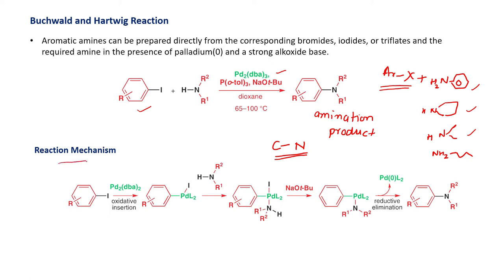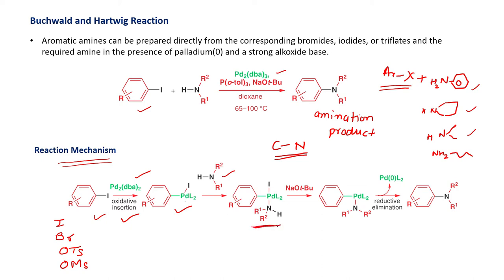And regarding reaction mechanism, when you treat your aryl halide, this halide can be iodine, bromine, or you can use another leaving group like tosylate or mesylate. When you treat your aryl halide with palladium, first step is oxidative insertion. Now at this point your amine will come and get attached on this palladium.